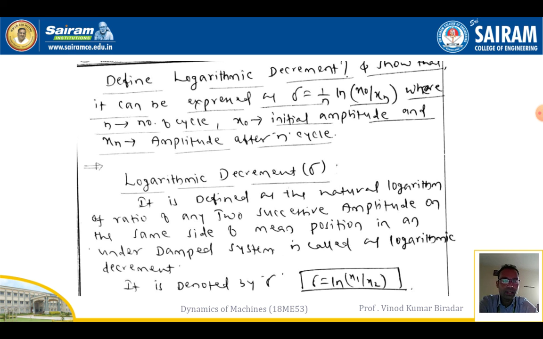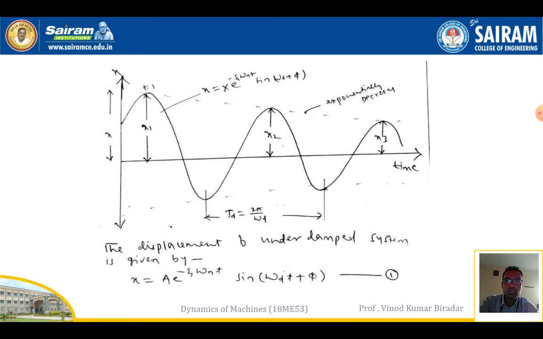So just to understand, the logarithmic decrement is denoted by delta, and it is the ratio of two successive amplitudes on the same side from its mean equilibrium position. It is defined as the natural logarithm of the ratio of any two successive amplitudes, here x1 and x2, on the same side from the mean equilibrium position.